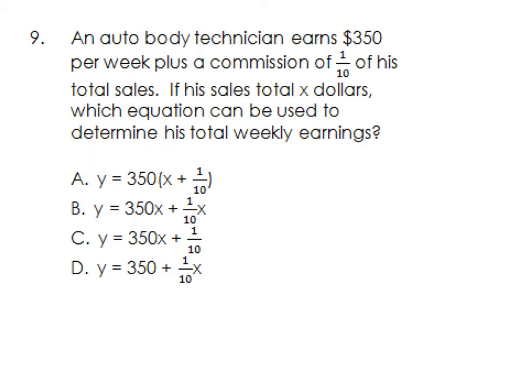So again, this is another one where we're going to practice writing our equation. So we know that this technician earns $350 per week. So he earns that much. We're just talking about 1 week here. So we're just going to do, he earns $350 plus he earns a commission. His commission is 1/10.